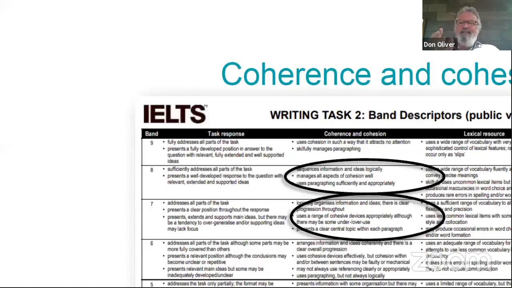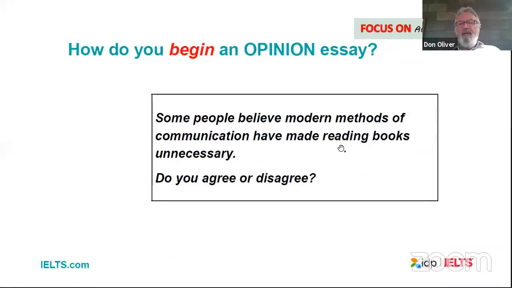If you make a few mistakes with pronouns, it or them or they, and we don't understand what they refer to, then you can't get an 8. At a band 7, you can make a few mistakes with those things, but not too many. Let's have a look at some aspects of coherence and cohesion, which are important.